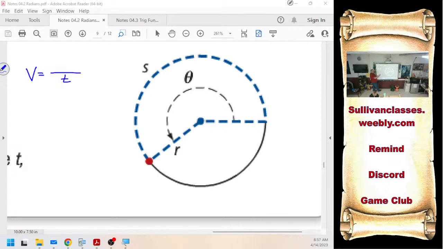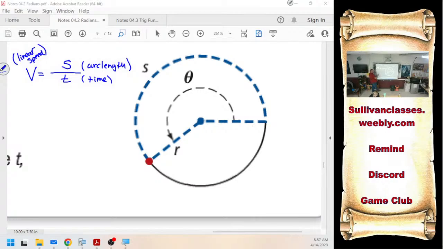The distance that we're going to talk about is the arc length per time. And this is linear speed. Okay, it's right there. It's in this text box. I'm just writing it next to this, so we got a big circle.